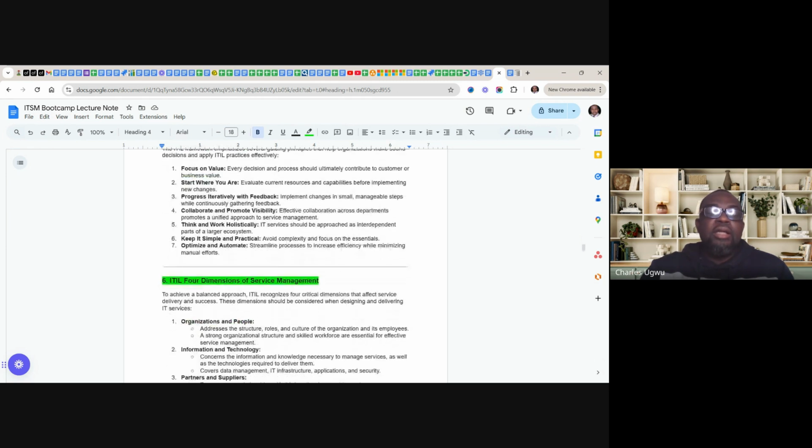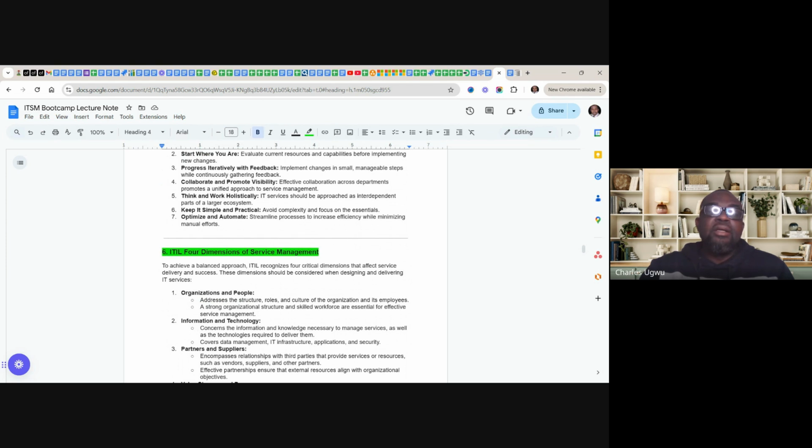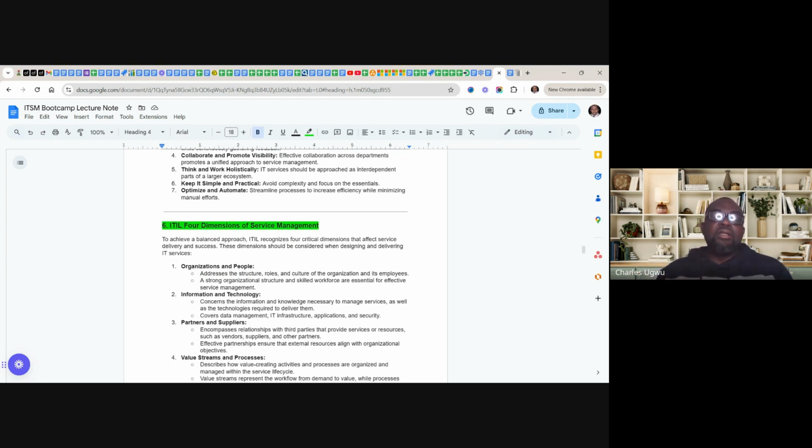Okay, let's then understand the ITIL four dimensions of IT or service management. To achieve a balanced approach, ITIL recognizes 4 critical dimensions that affect service delivery and success.